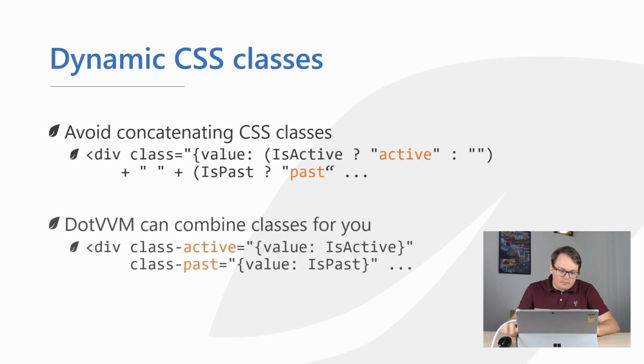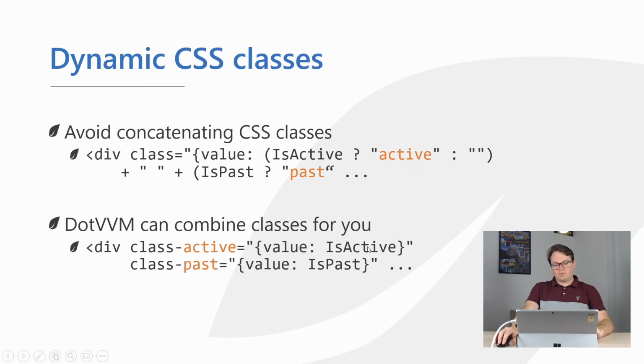And in DotVVM, we are using a thing called property groups, which means that if you use class dash and the name of the CSS class, then you can use a simple Boolean expression. If this is true, the element will get the active class. If this is false, this class will be removed from the element. And it would also work on the client side.